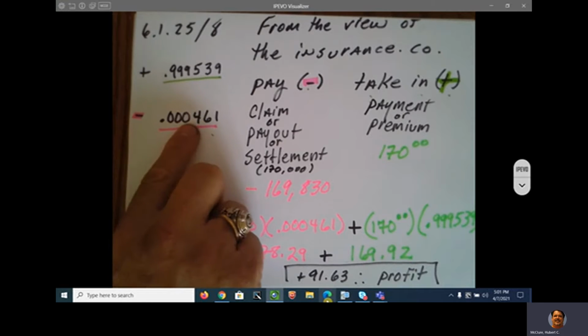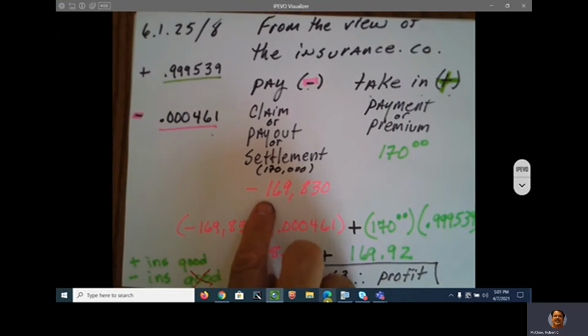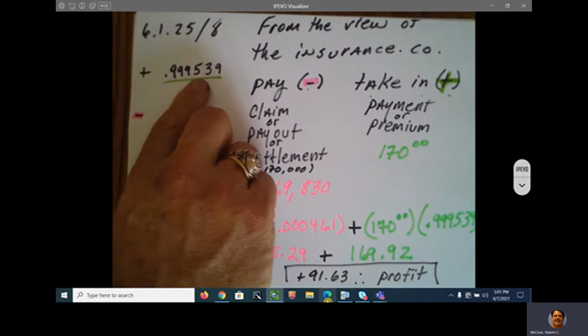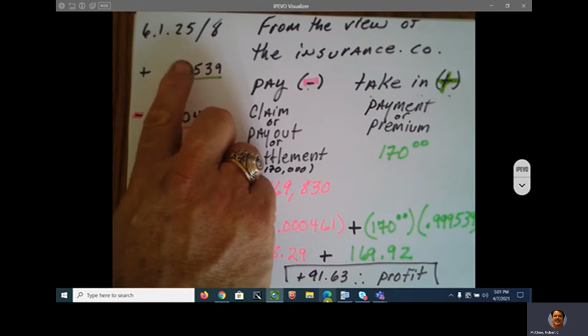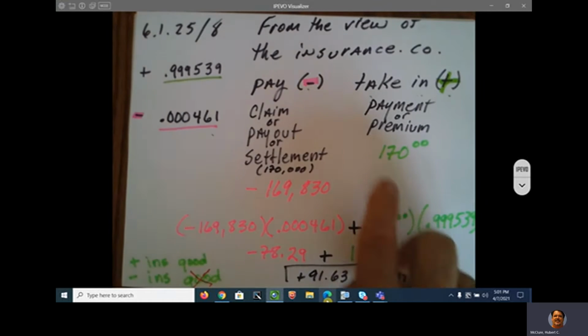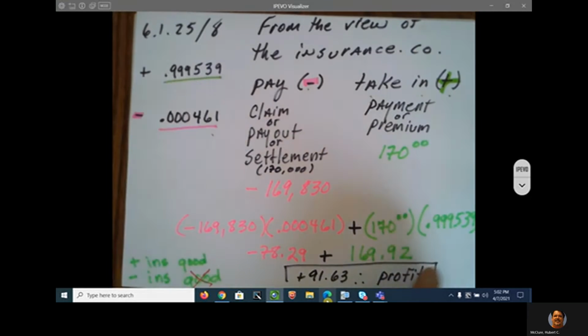I'm not making that a negative number. I'm associating 0.000461 to death. That's what I'm doing. And I'm trying to put a green line under 0.9999. I'm associating that with living. That's why I did it that way.